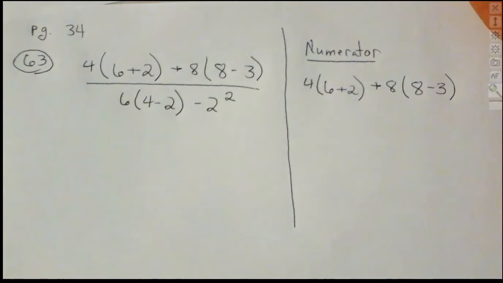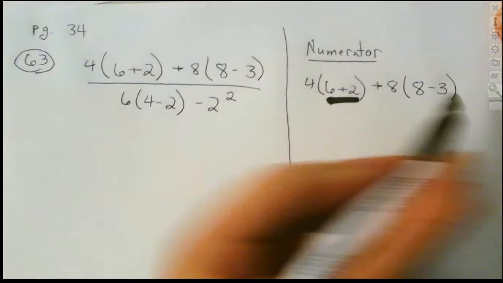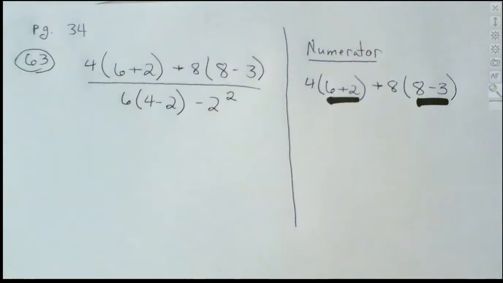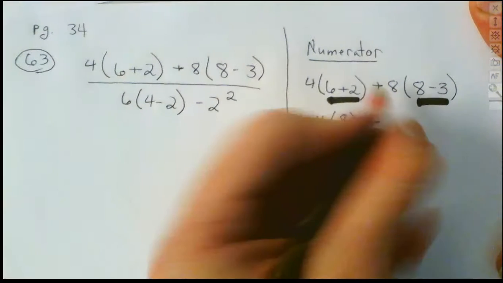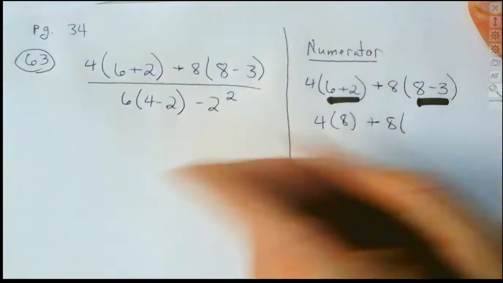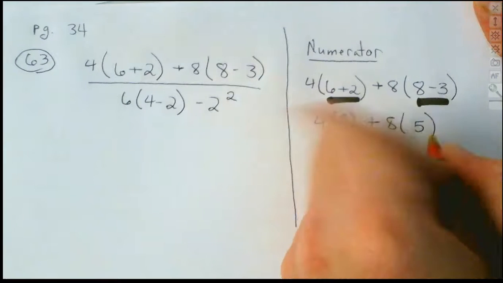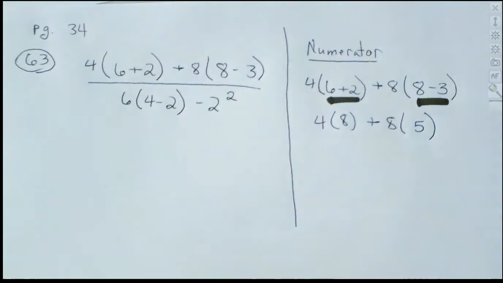So here's our numerator, and we're going to do our parentheses first. So these go together, and those go together. So we've got 6 plus 2, that makes it an 8. And then we've got 8 minus 3, that makes that then a 5. So what are we going to do next?